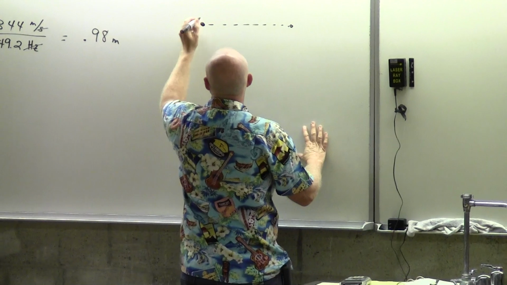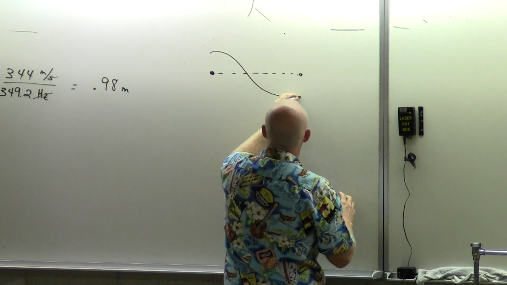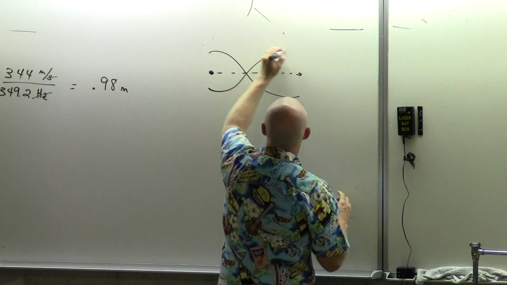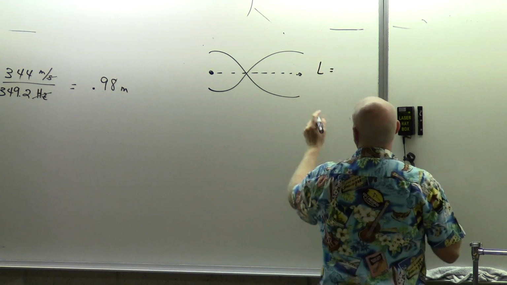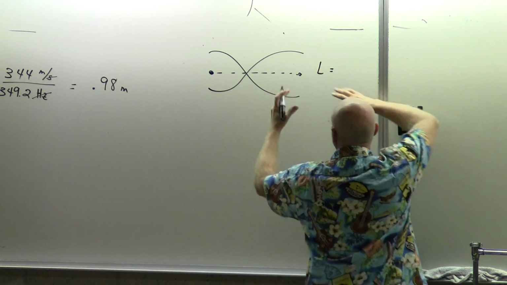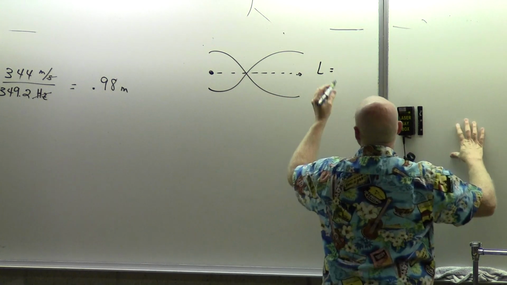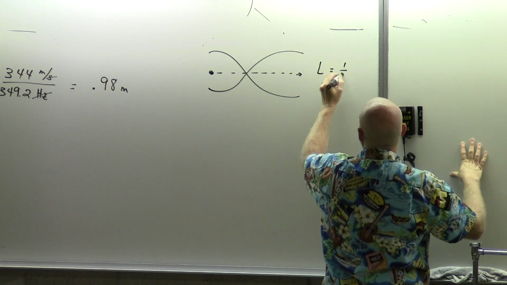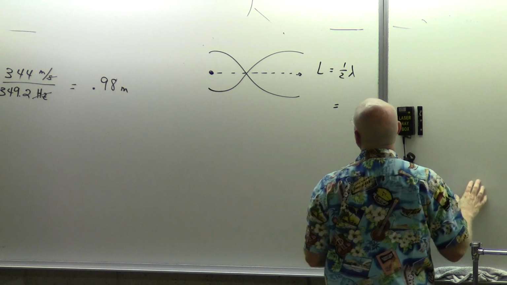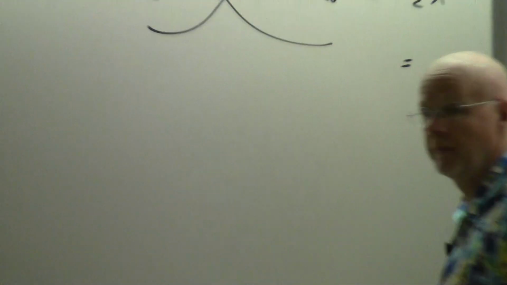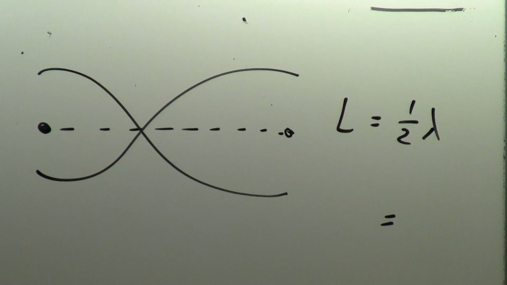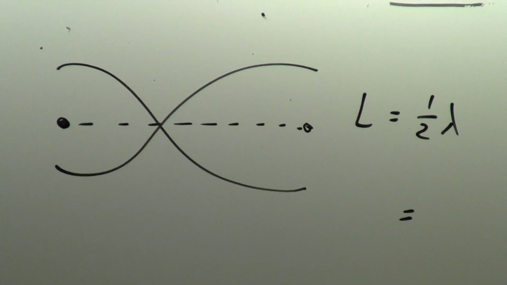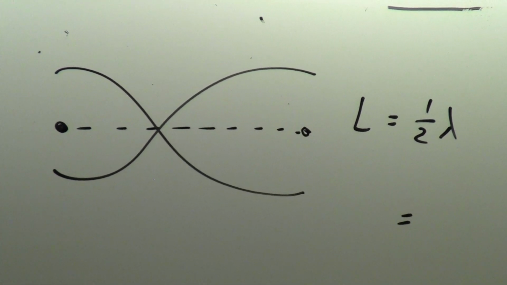The fundamental one looks like this, where the length of the medium here is 1/2 a wavelength. If I tried to show you antinode to antinode, again, a half wavelength, I guess I could do it with the wave machine here.